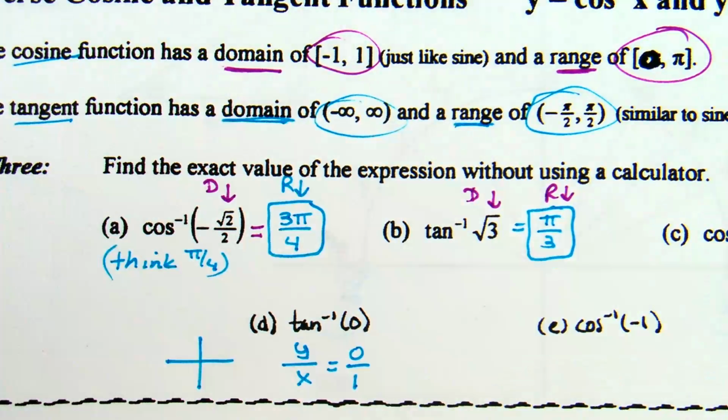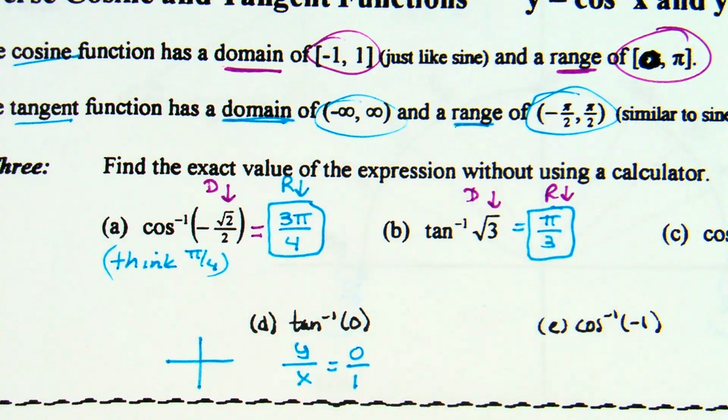Okay. So here on my unit circle, y is 0 at 0 and at pi. Now, 0 or pi? Which answer do I need to give since this is tangent inverse?